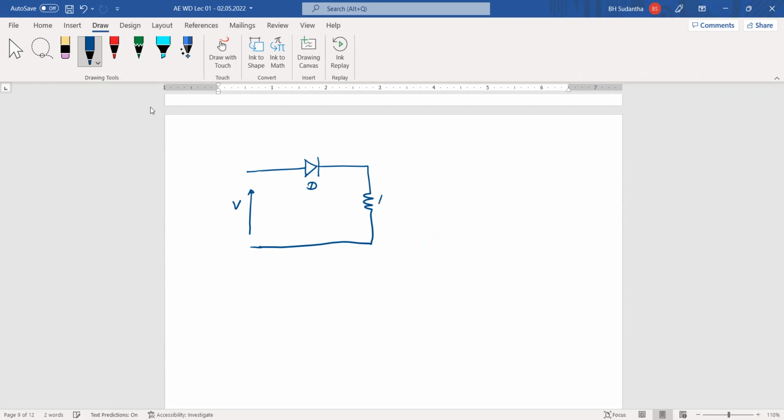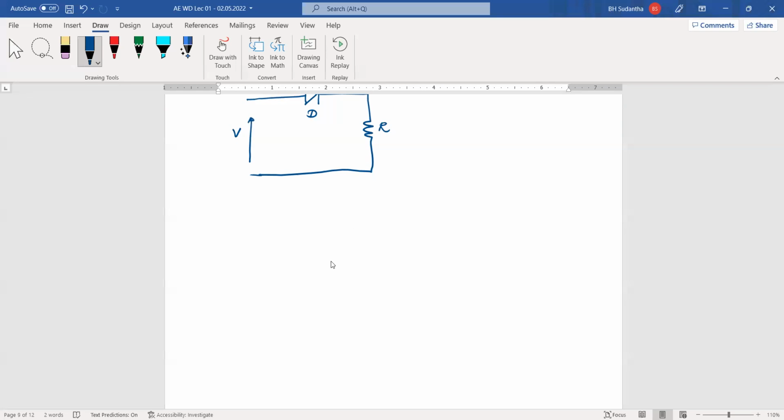This is the diode and this is the resistor R. There is the input voltage, and across the resistor, VR.